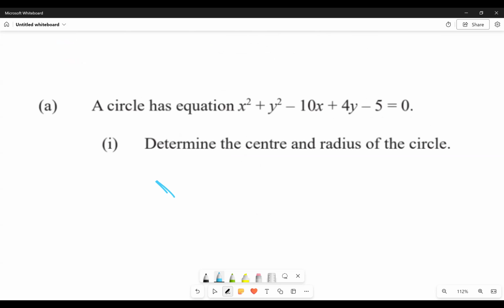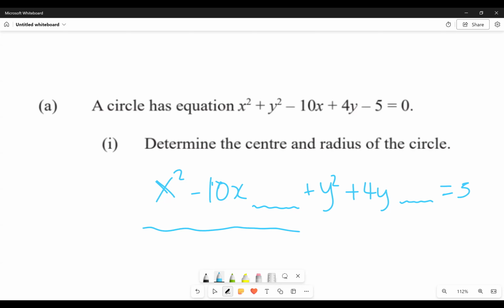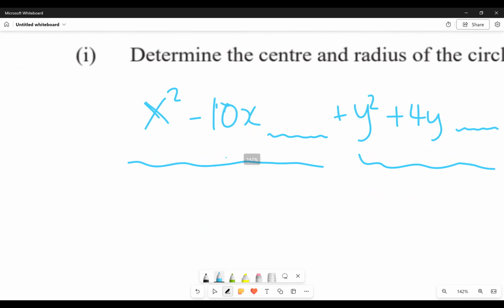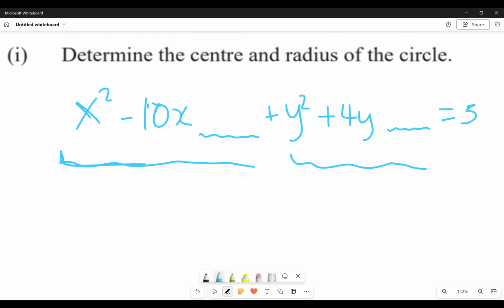So we're going to have x squared minus 10x, something should be here, but we don't know what it is yet, plus y squared plus 4y, something should be here, but I don't know what it is yet, equal 5. So really, I put the x's together, the y's together, and put the 5 on this side. Now, I want to turn this x into a perfect square, right?